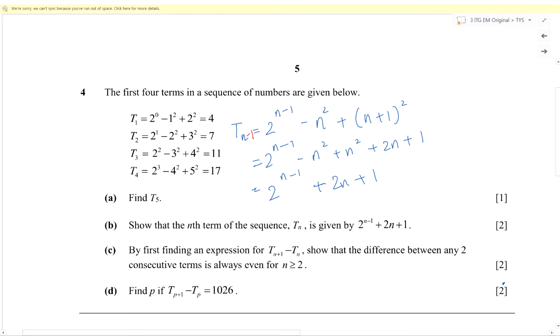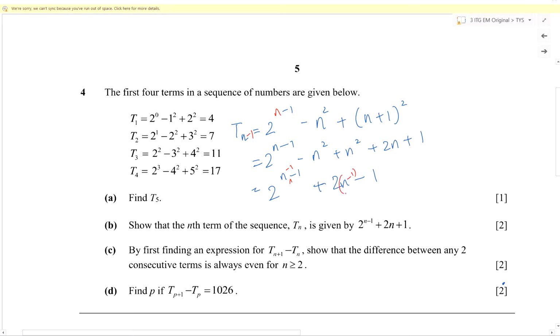I see an n over here, I change it. Oh no, I should be working on the last line. So over here, I see an n, I change it to n plus 1. All the n becomes n plus 1.